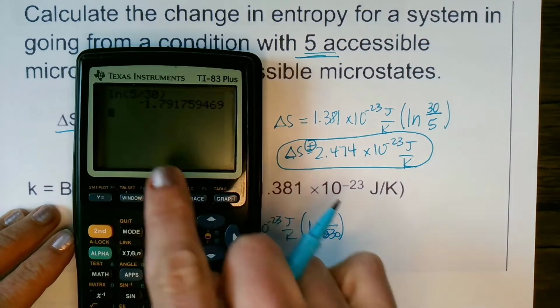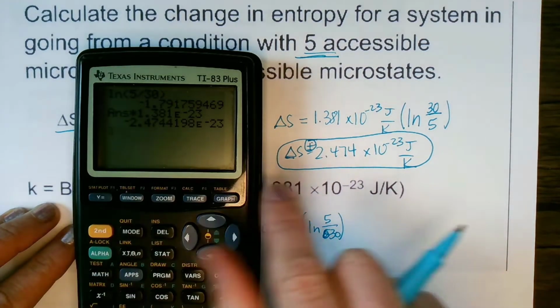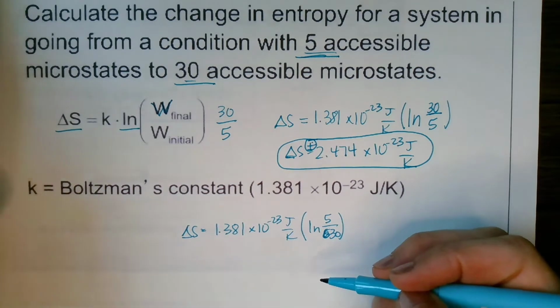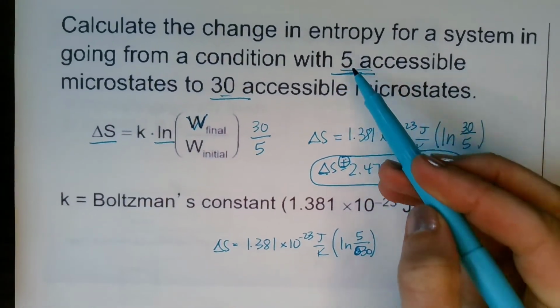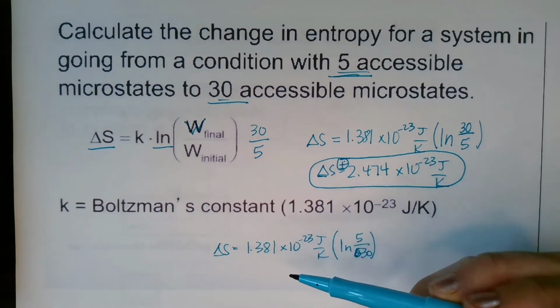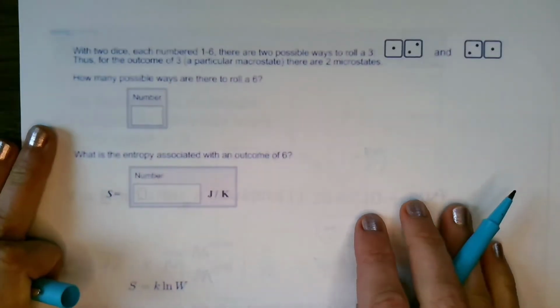The natural log of 5 divided by 30, which is negative 1.79, times 1.381 times 10 to the negative 23rd. Notice I had a negative 2.47, so that would be my entropy decreasing. That would be becoming more organized, as opposed to going from 5 to 30, where it's becoming less organized, or in a greater state of disorder.